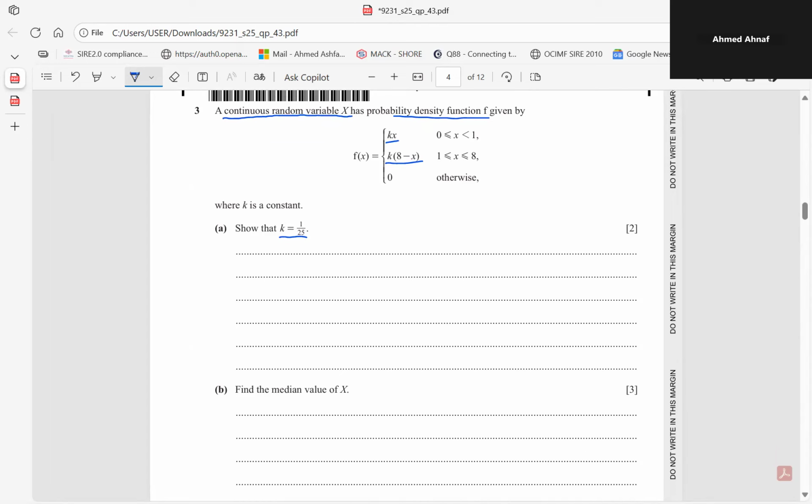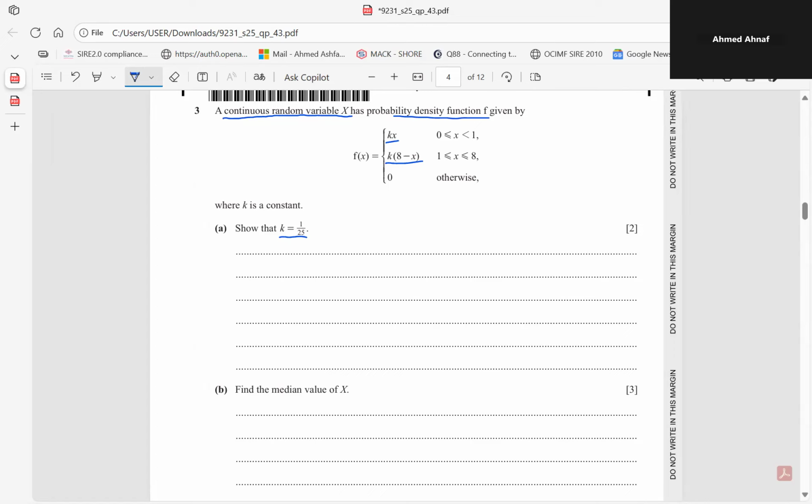Okay, so to show that, we have to make use of the fact that the total area under the graph of a PDF is equal to 1, because the area under the PDF represents the probability of the random variable.